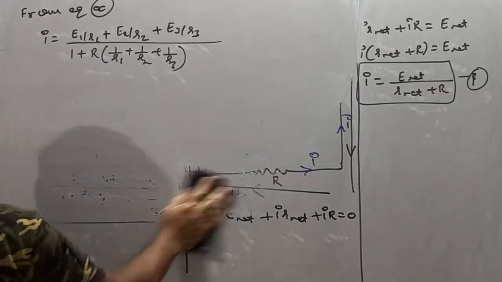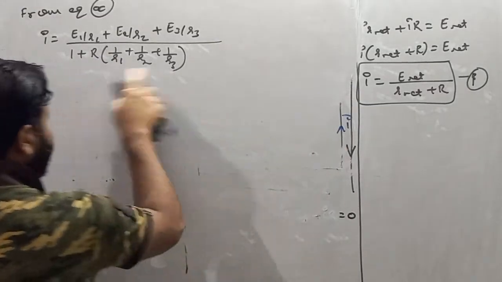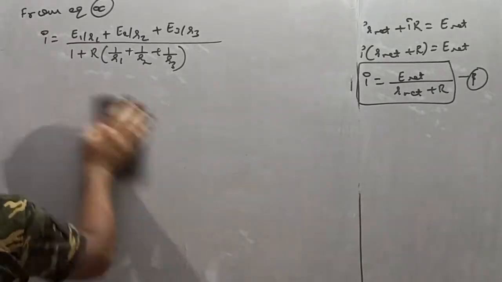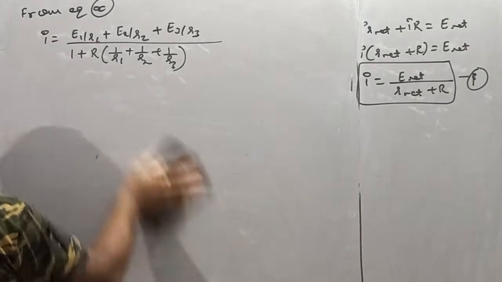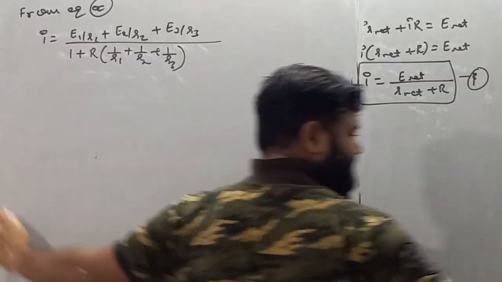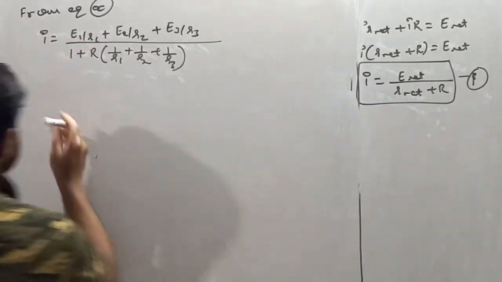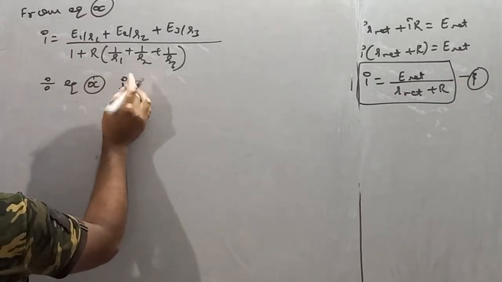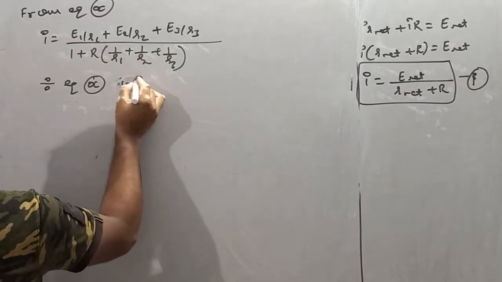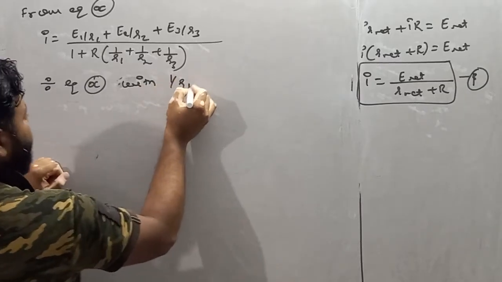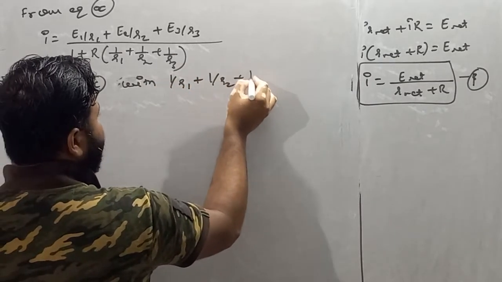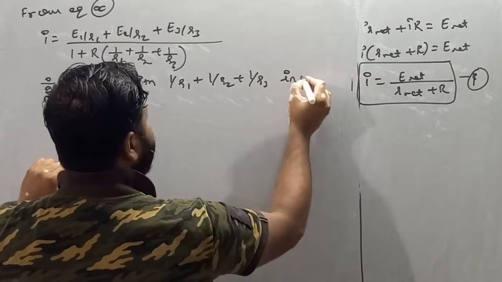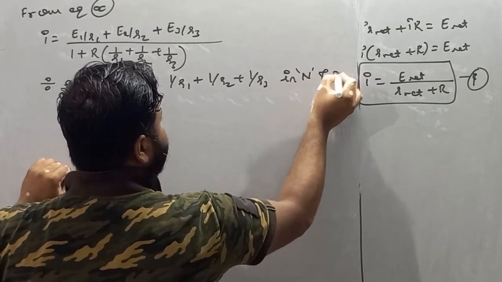Now we have to remove this big term present in the alpha equation along with this R. So now I am dividing LHS and RHS, dividing equation alpha by 1 by R1 plus 1 by R2 plus 1 by R3 in numerator and denominator.